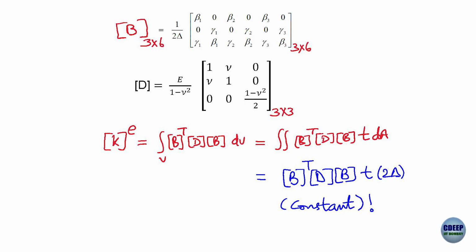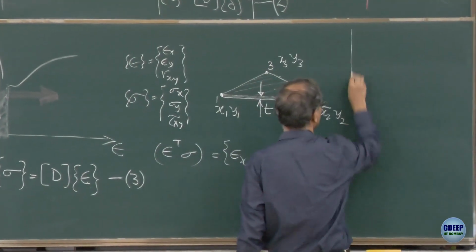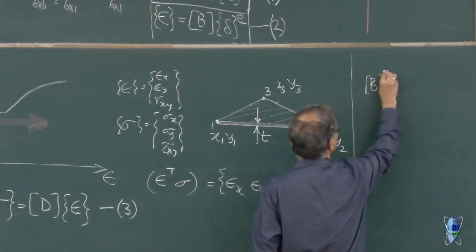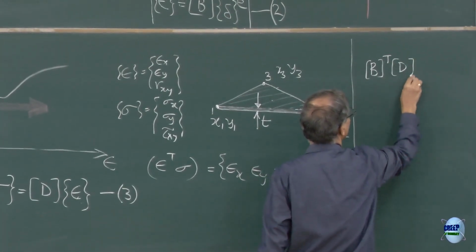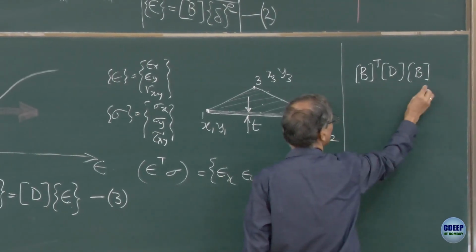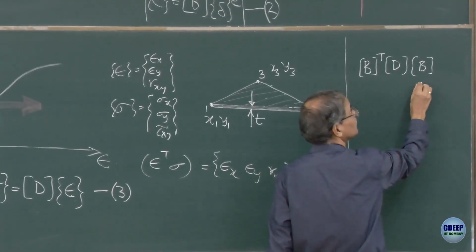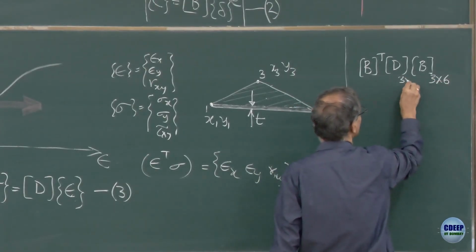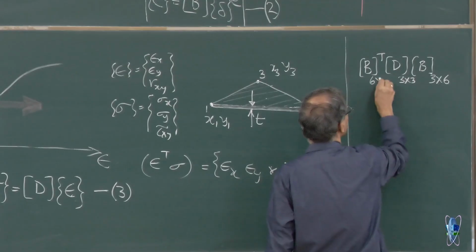What is the size of this constant matrix? B transpose D B: B is 3 by 6, D is 3 by 3, B transpose is therefore 6 by 3.